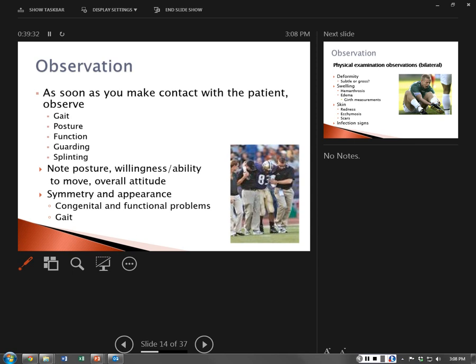What is their overall posture? Again, you can tell a lot from posture. Are they standing up straight? Are they limping? Are they compensating in any way? Is their head or neck turned to one side? Is it flexed? Is it extended? Is it twisted? How are they holding their shoulder?